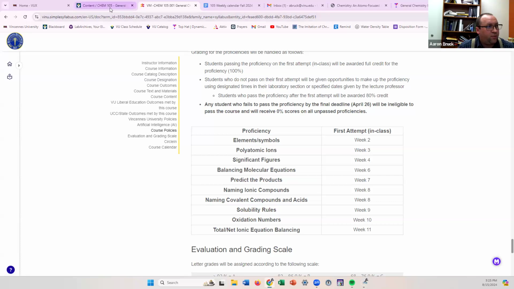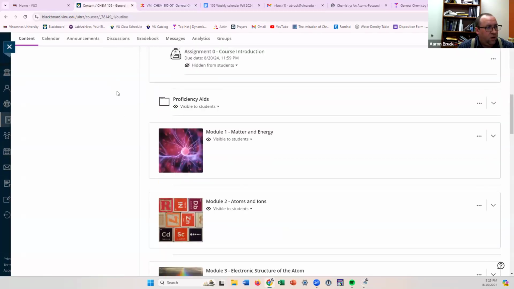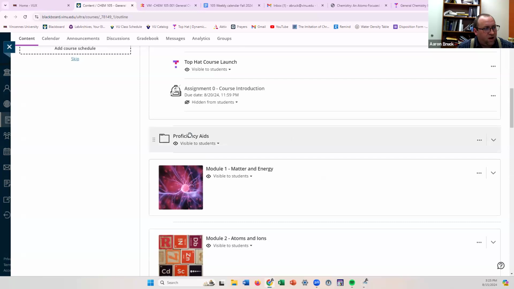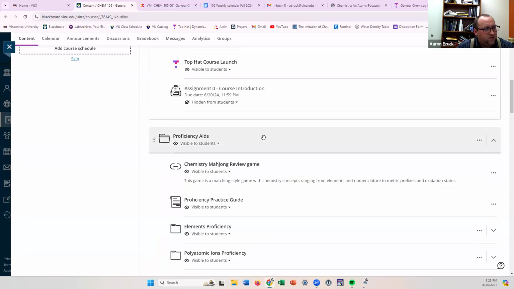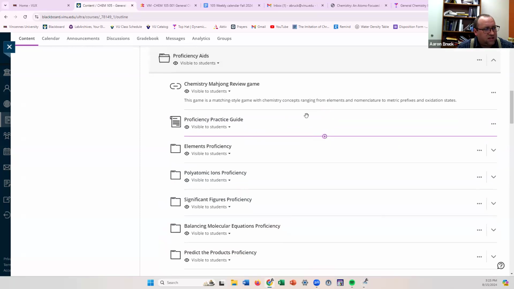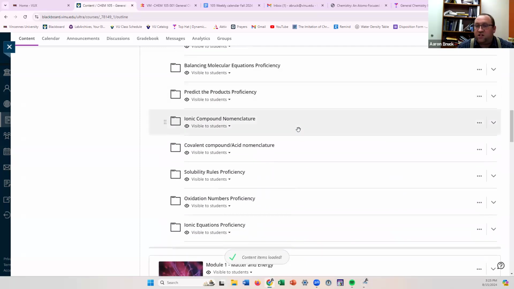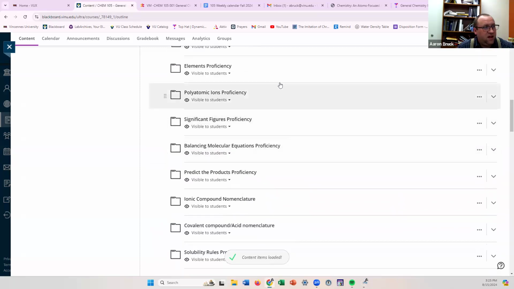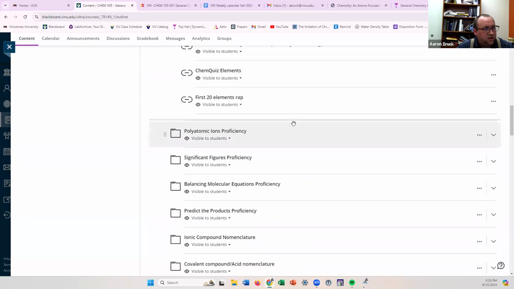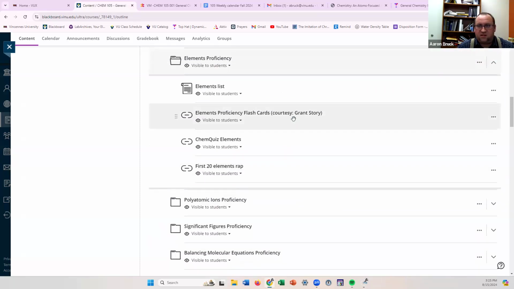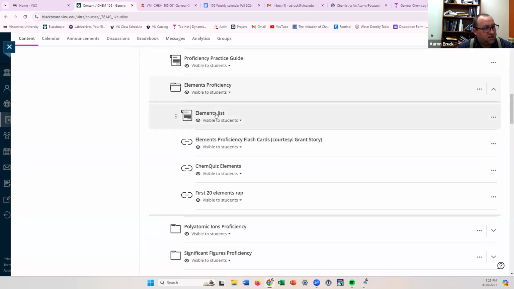Now, how do you go about preparing for them? Well, you can see here in Blackboard, I've got a folder called Proficiency Aids. If you open up this folder, what you'll see is that there are 10 folders in here, one for each of the proficiencies themselves. And inside of those, you're going to find resources, whether the resource is simply for the elements.